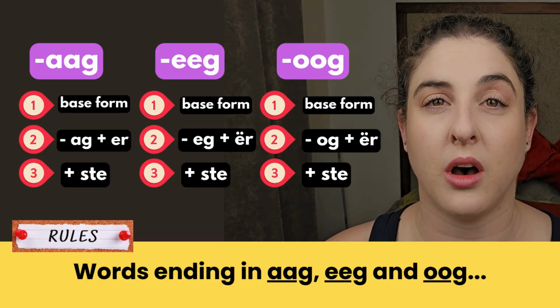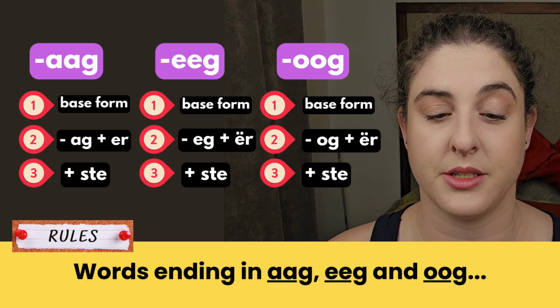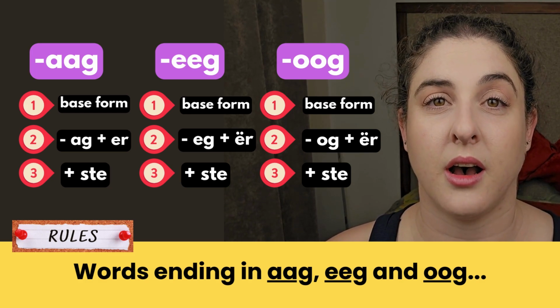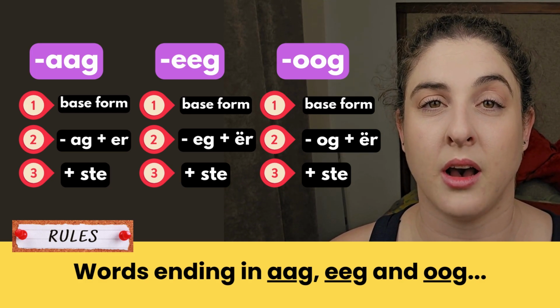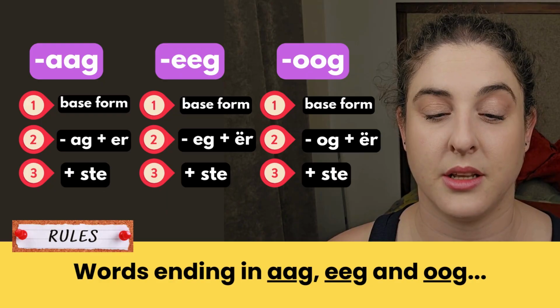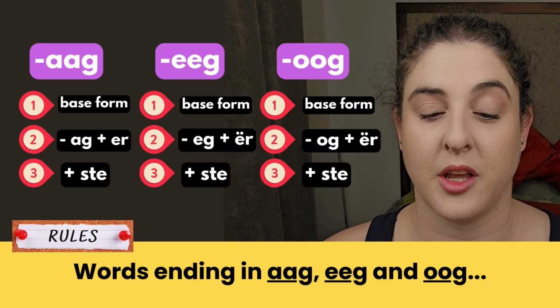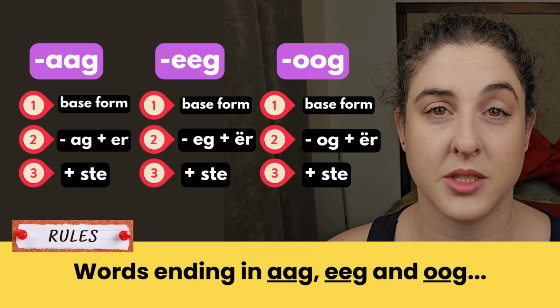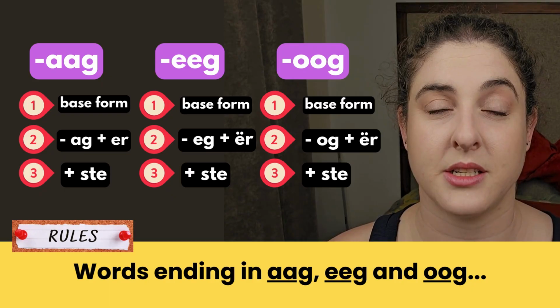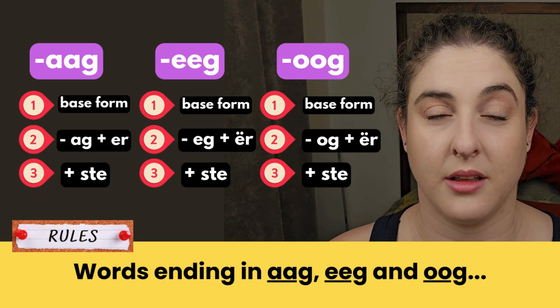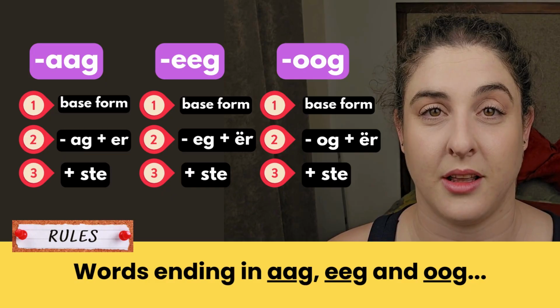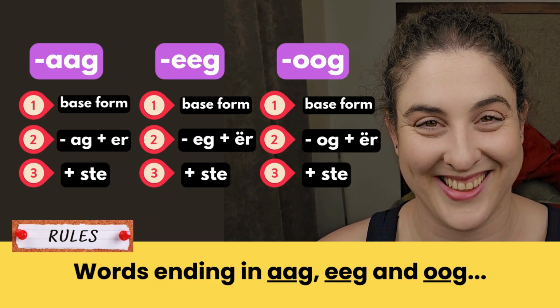But for ach, step 2 is minus ach. So take away a and ch plus r or er. Right, then for eeg, your step 2 is minus e plus r.